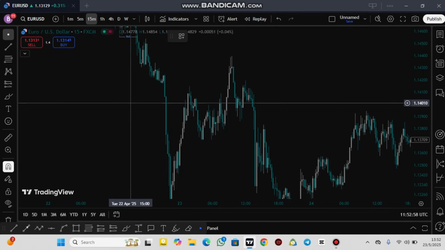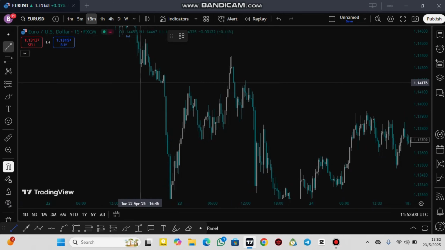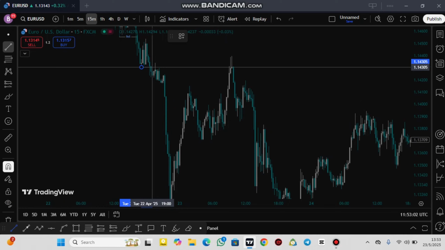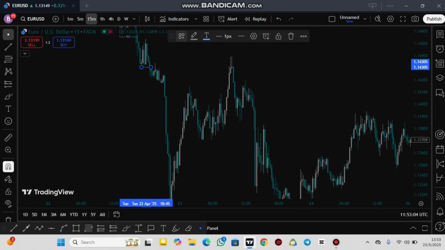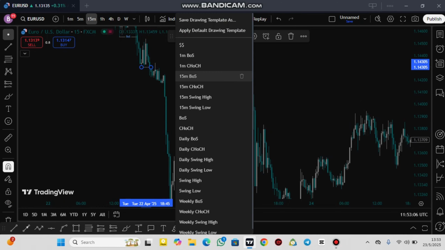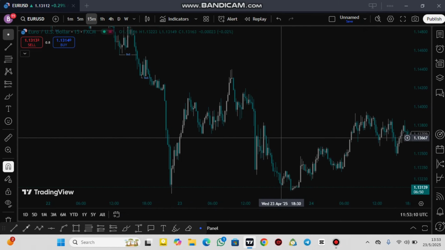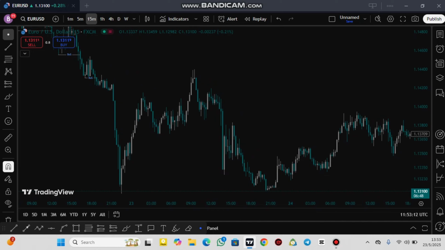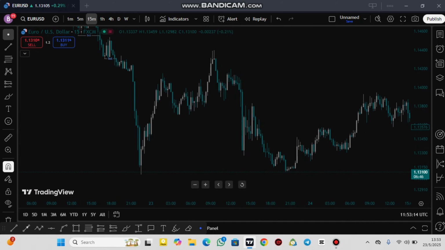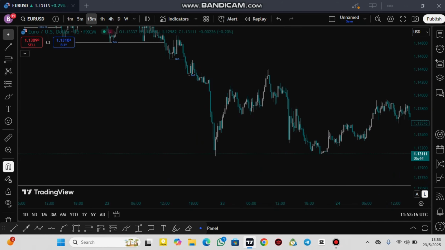Price did give us a pullback here, and I know this is going to be confusing because you're wondering, you disregarded another small breakout structure, so how are you validating this breakout structure? It's all about the candles, and I won't get into this now, but in future videos I will.